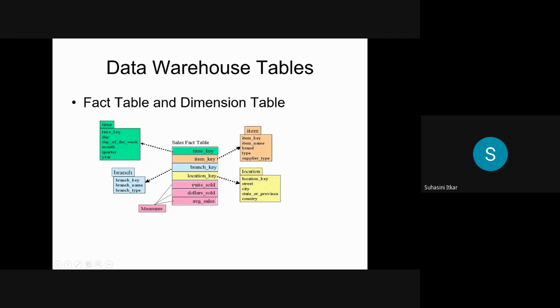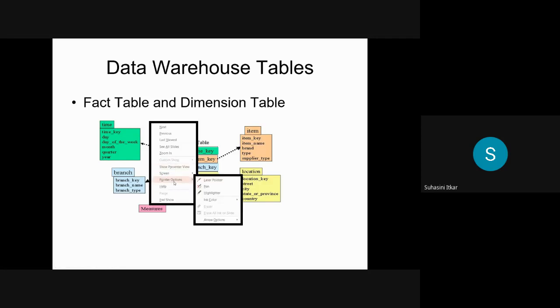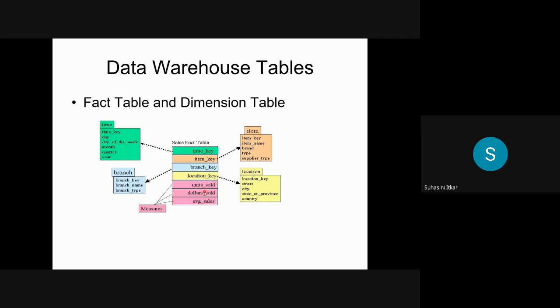And then there are the attributes which we call derived attributes or summarized attributes, also called measures. On the basis of these measures, or the derived attributes, we do the actual analysis. So in the data warehouse architecture, the format of the tables is different, and it gets stored in terms of the fact table and the dimension tables.